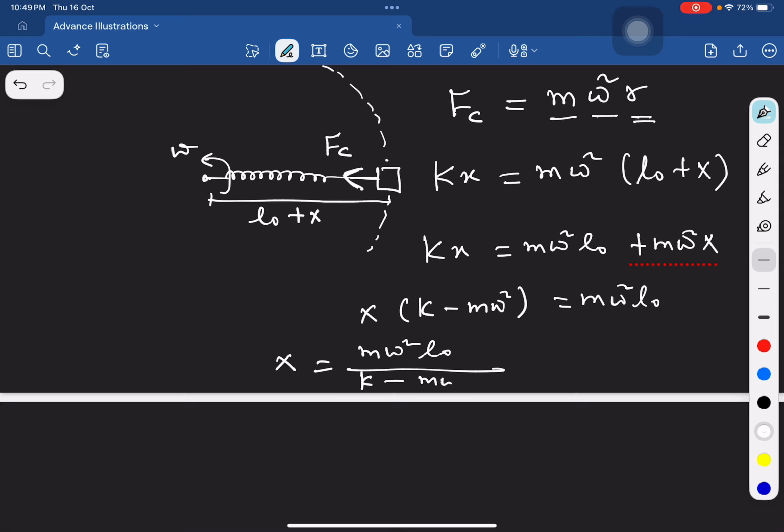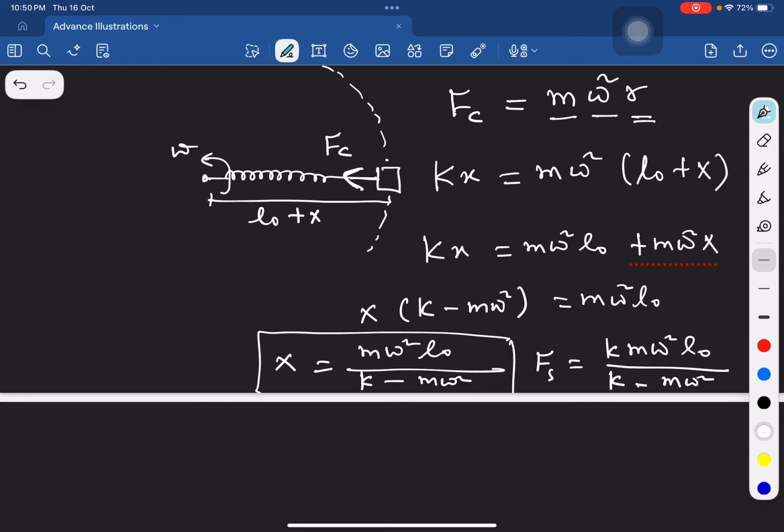If we get x, we can get the radius and we can get the force. Force will be k into x. So if you want to report the force in the spring, that is k m omega square l naught divided by k minus m omega square. That will be your spring force, and the radius will be l naught plus x.